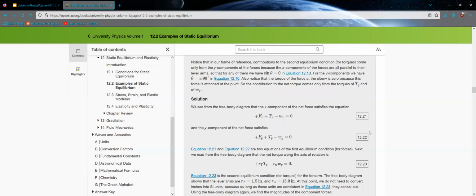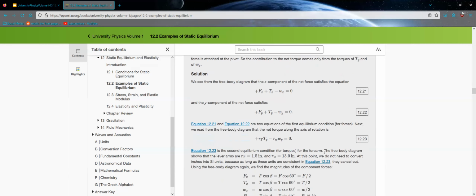Basically the fulcrum force and the tension of the bicep are both working against gravity to keep that static equilibrium. This is what's real fun about this e-text: you can click on the equations to see why they changed things the way they did. Equations 12.21 and 12.22 are the two equations of the first equilibrium condition for forces.